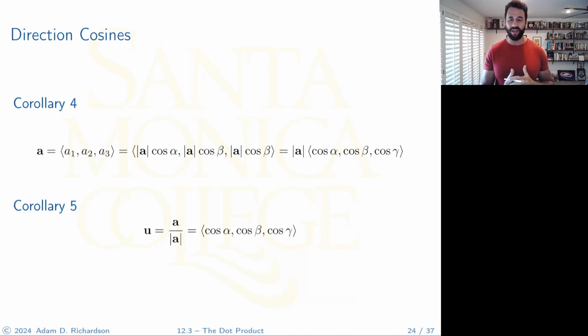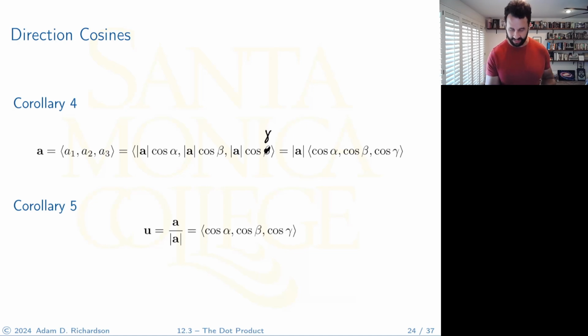We have a new way of writing any arbitrary vector. Let's say we have a vector A given by A1, A2, A3. From the corollary just a moment ago, we can rewrite each one of those components like this. Oops, sorry, that's a typo. This should say gamma. There we go.